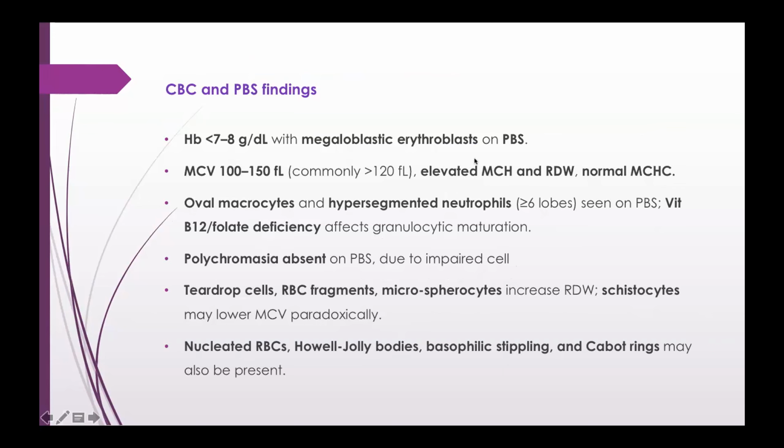You can see that MCH can elevate, but MCHC will be normal because the cell is very large. The amount of hemoglobin in each cell is relatively normal compared to the size of the cell, but it is high compared to the amount of cells. It is high because the cell is large.